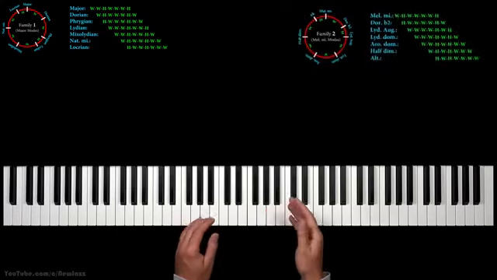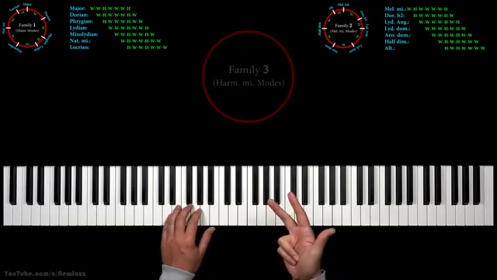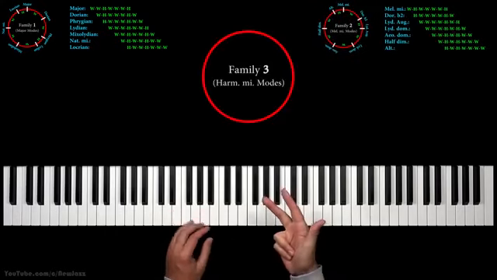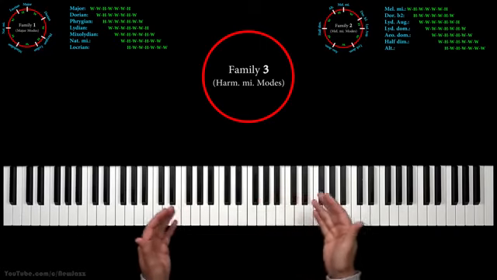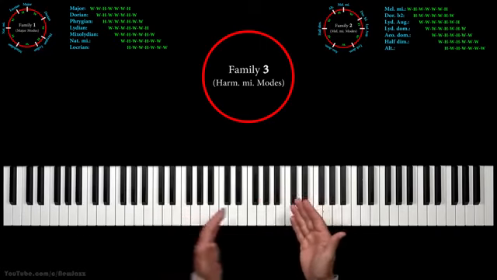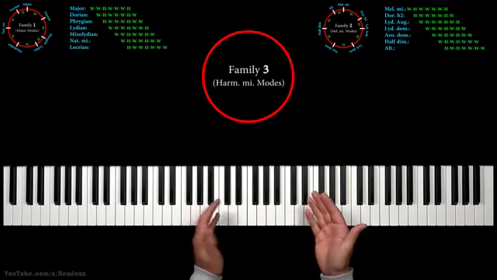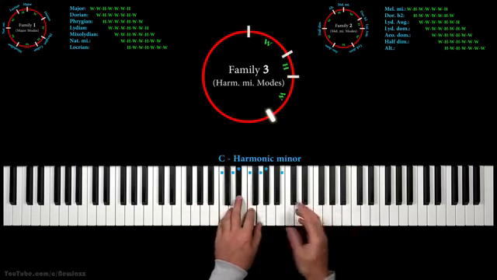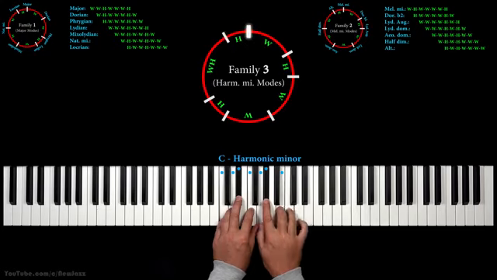Now, let's proceed to family 3. Let's do another type of scale with a different interval pattern than the other 2 families. This is the harmonic minor scale. The interval pattern contains this exotic 1.5 step.